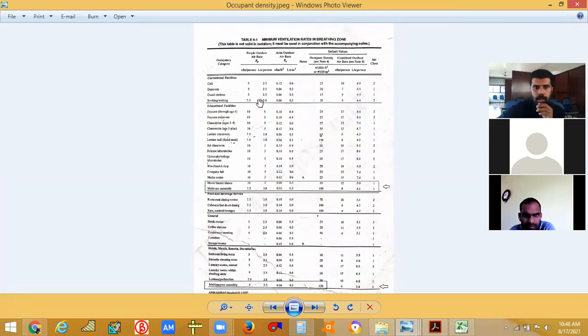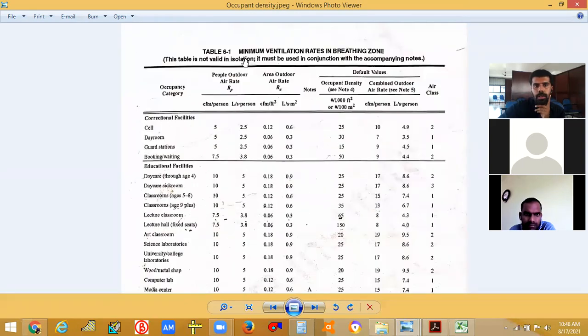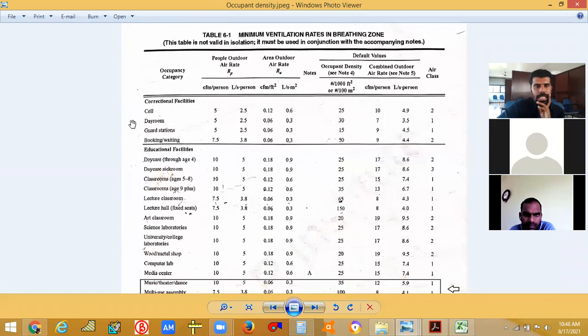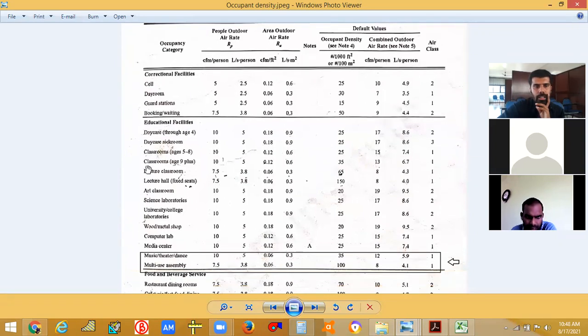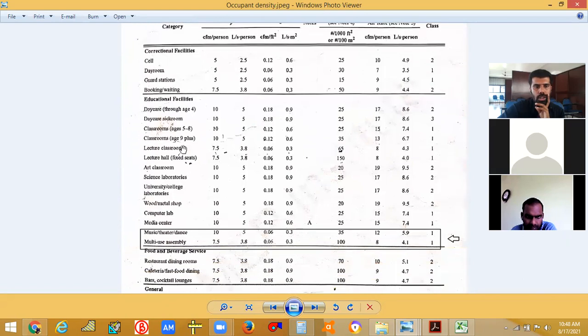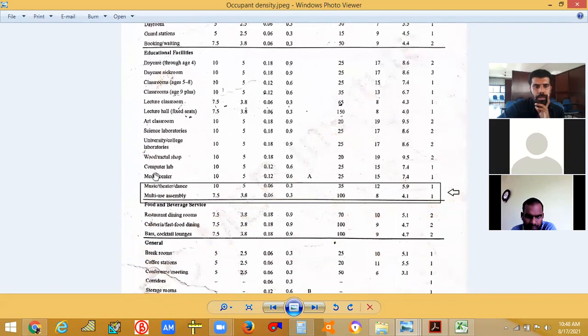For example, you can see here, it is table 6.2.2.1, the minimum ventilation rates in breathing zone. That is the heading of this table. And you can see here, occupancy category: cell, day room, guard station, booking, waiting, daycare, classroom, lecture hall, art classroom, computer lab.